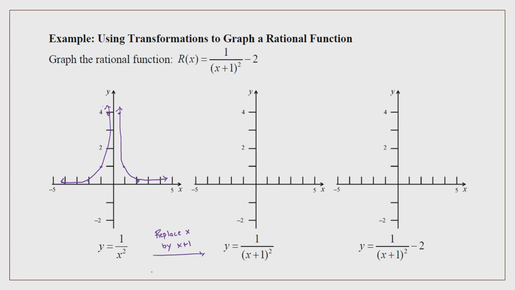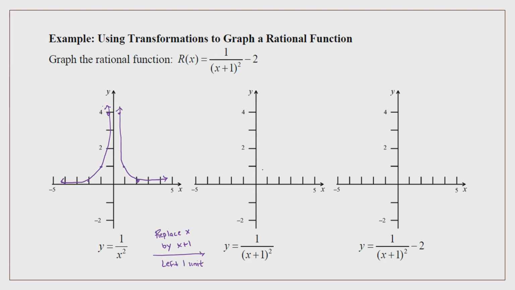Okay, so in doing that, we are shifting left by 1 unit. Remember, when you add a value to your x coordinate, you're going in the opposite direction of your sign. So if I'm adding 1, the opposite of that would be subtracting 1. So I'm going to the left 1.